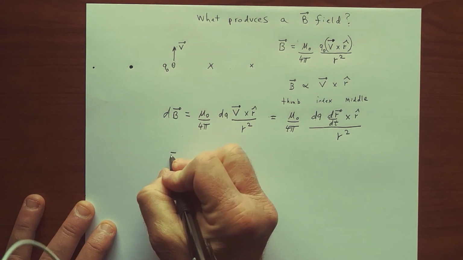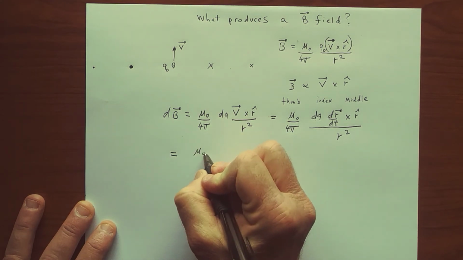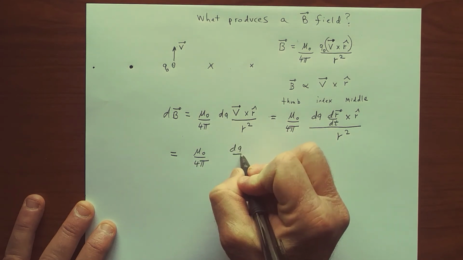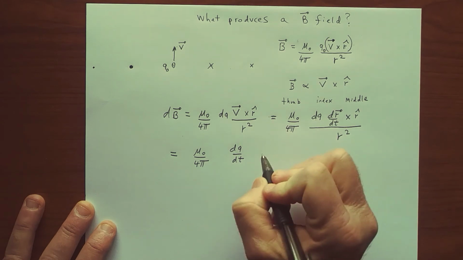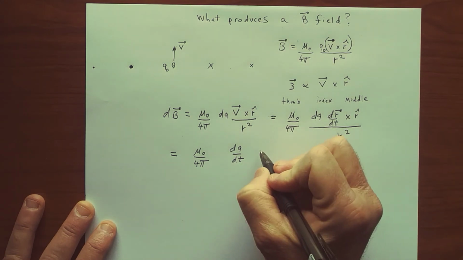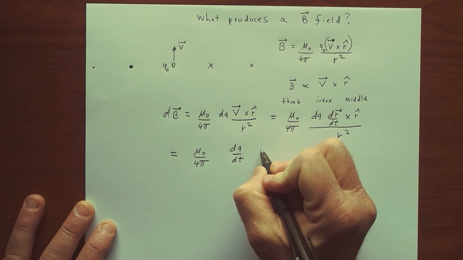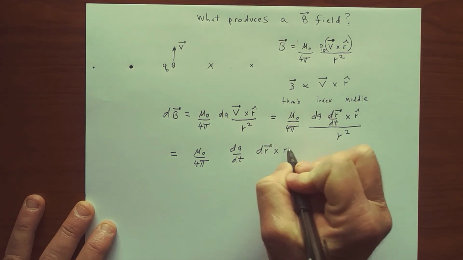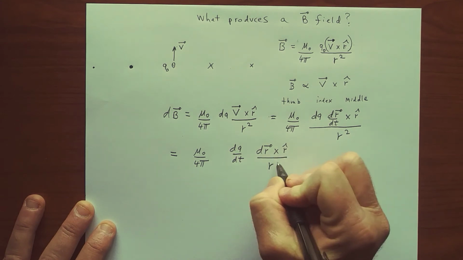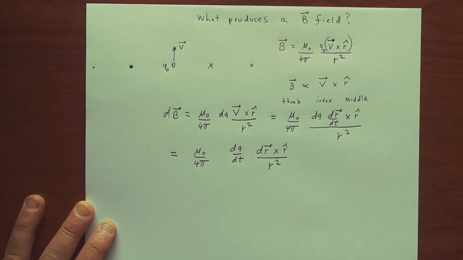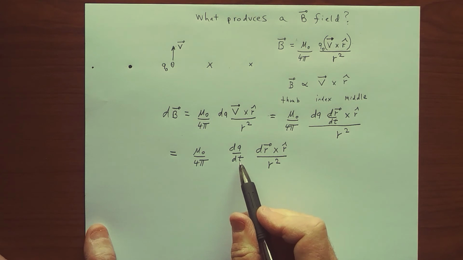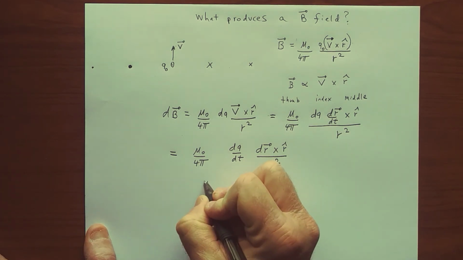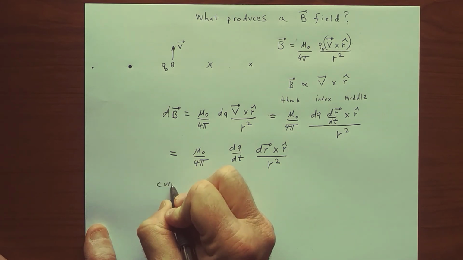And so I can write this as mu naught over 4 pi, dq over dt, times dr cross r hat over r squared, and then recognize that this quantity here is what we normally think of as current.